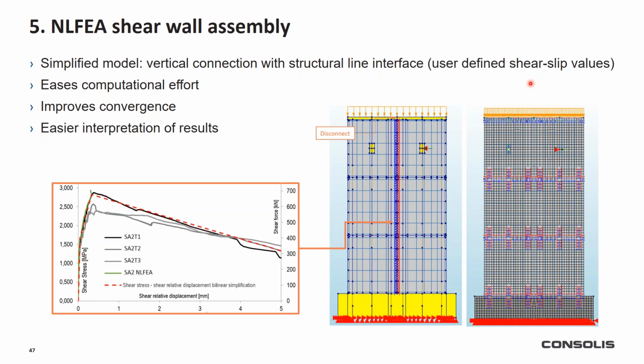You can see here a simplified approach. Now the vertical connection is modeled with the structural line interface with user-defined values, and these values are chosen from the push-off tests that were presented earlier. The horizontal connections are modeled in the same manner as in the detailed model.